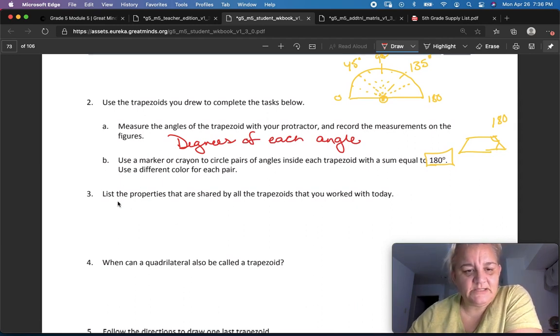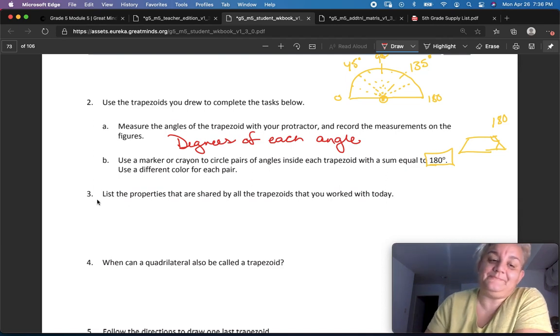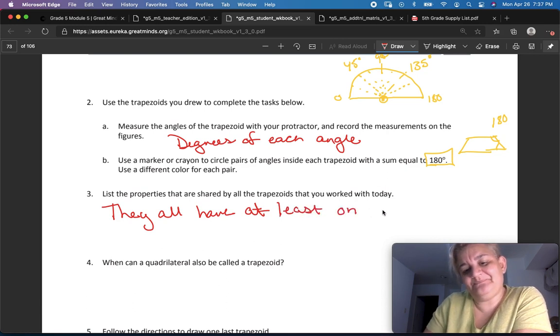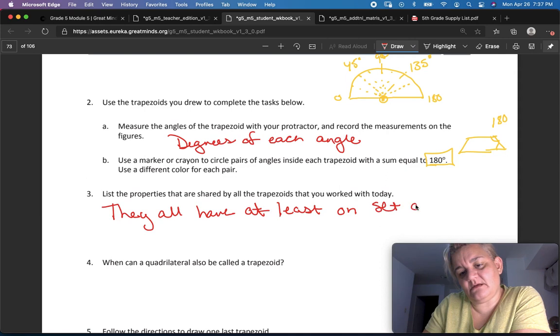All right. List the properties that are shared by all trapezoids that you worked with today. Well, they all have at least one set of parallel lines.